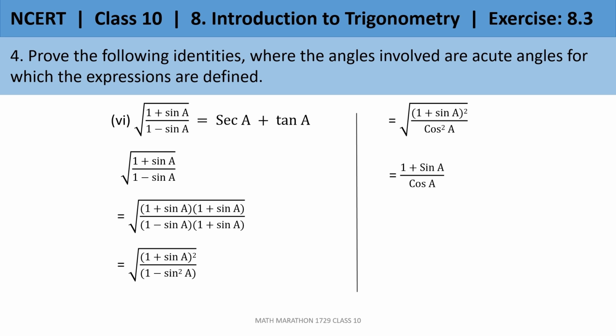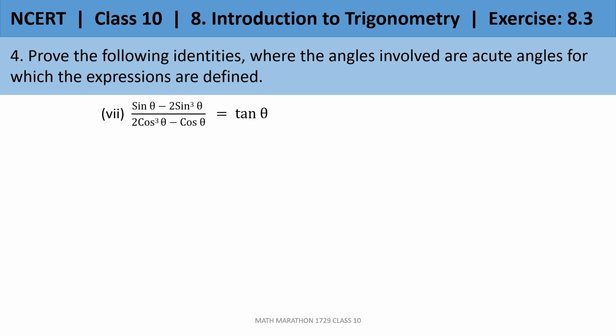Is equal to 1 plus sine A by cos A is equal to 1 by cos A plus sine A by cos A is equal to secant A plus tan A, which is the right-hand side. Hence proved.